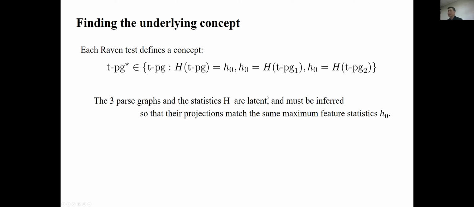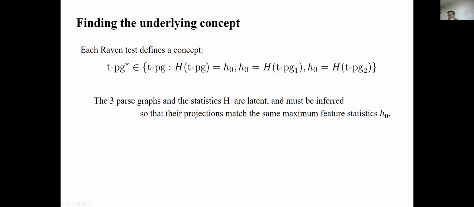That means all the textures are equivalent because they have the same statistics. All three rows share the same type of projected features, statistics, or structures. But the interesting thing is that this TPG needs to be inferred. It is latent.